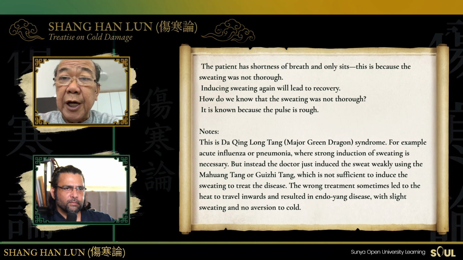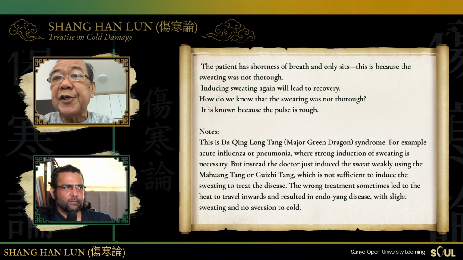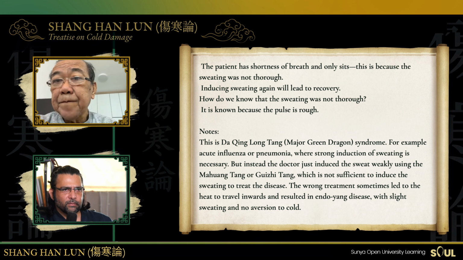Then this major green dragon is a very effective treatment. It will cause excessive sweating because this is a very serious case. So if you use Mahuang or Guizhi, it's not enough, the sweating not enough.